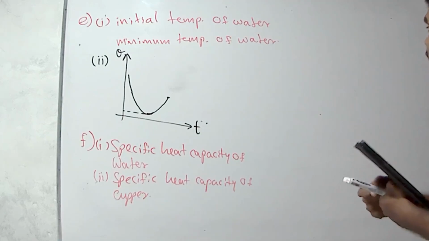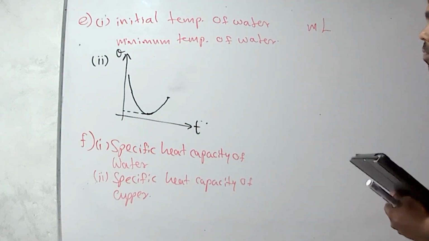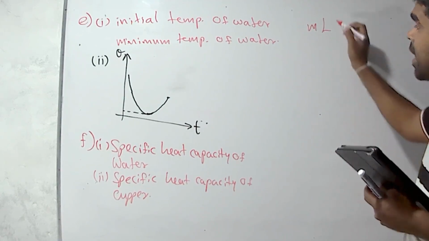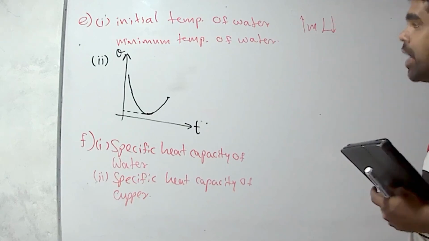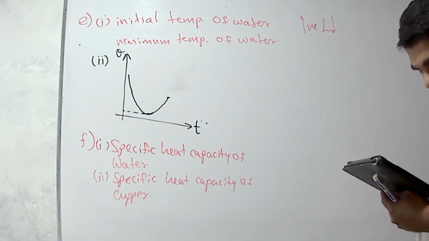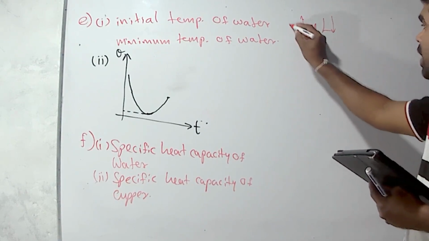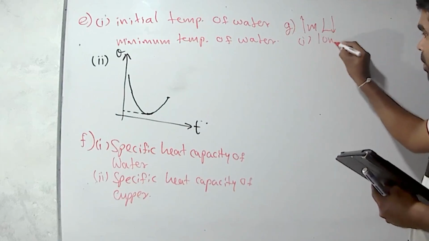Then our calculated mL value. When considering the mL value, when m increases, L should decrease. Therefore, we can write G part 1: lower.